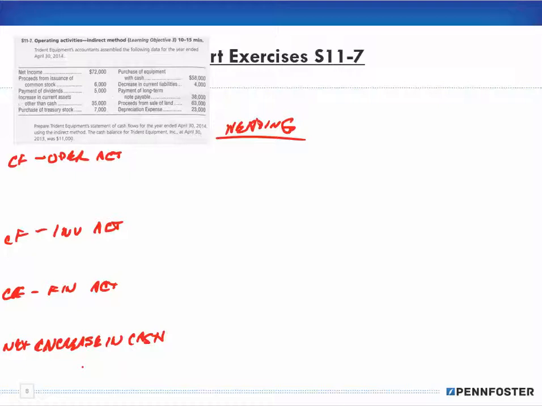Kind of the same thing ends up happening here with the statement of cash flows. They always seem to put an increase in your cash position. They don't really show a decrease in your cash position, but realize that it could be one or the other. And of course, after our net increase in cash, we have our cash balance.